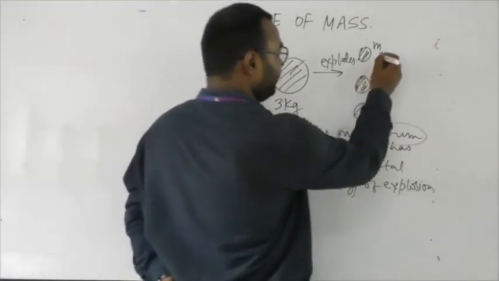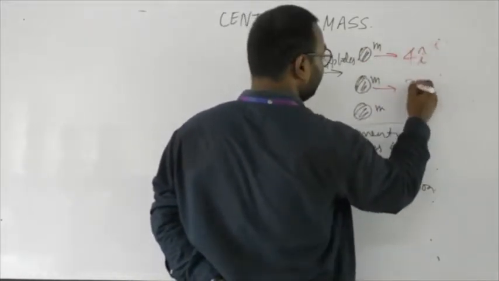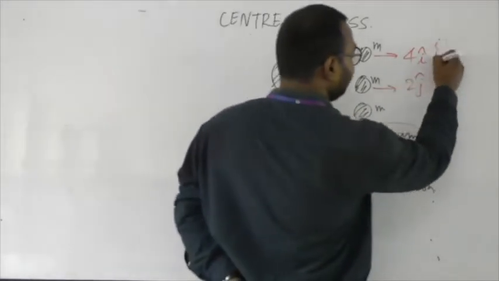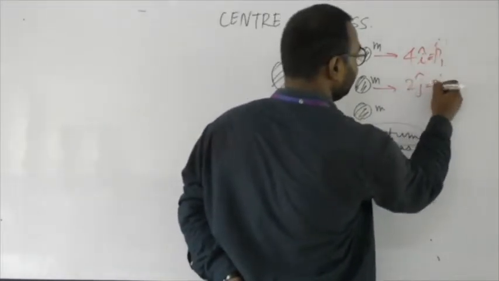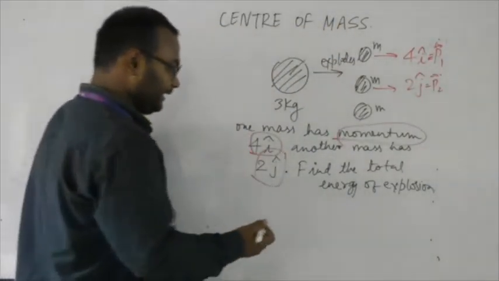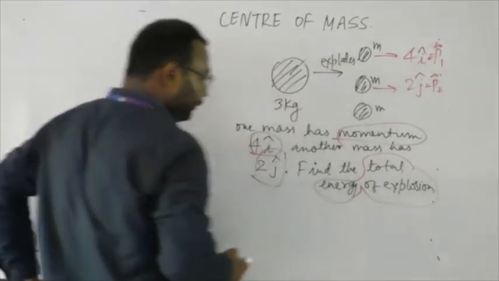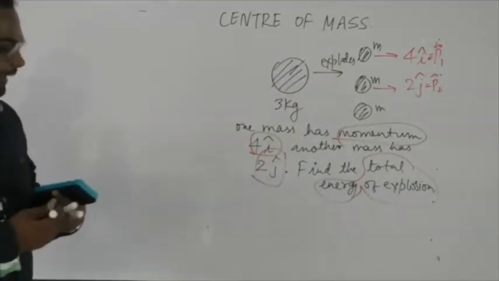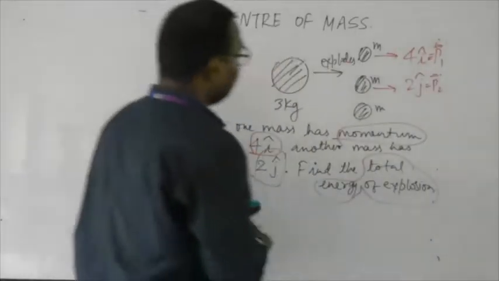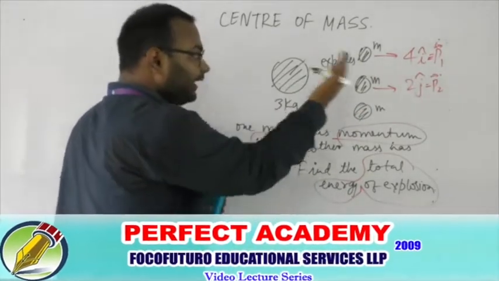If I assign these two masses, one has 4 i cap and one has 2 j cap. Momenta are given, so say this is P1, this is P2. P3 we don't know, and we have to find the total energy of explosion. How to define that?